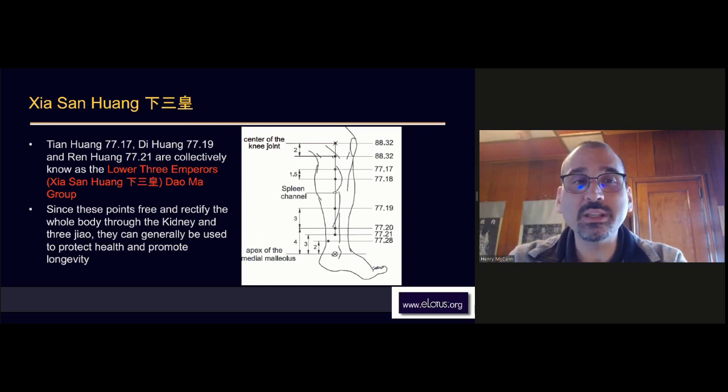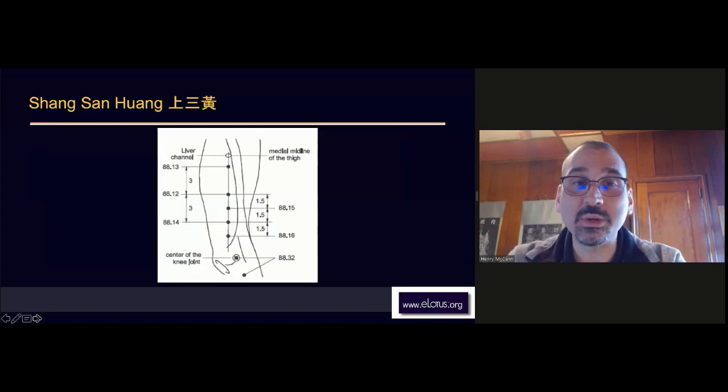The reason we say it's the lower 3 emperors is because in Chinese, 3 emperors, San Huang, sounds exactly the same as 3 yellows, San Huang, same tone even, right? So if you simply say San Huang in Chinese without writing it out, it sounds exactly the same as 3 yellows and 3 emperors.